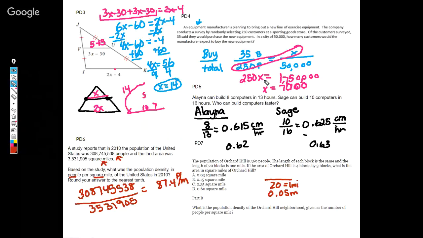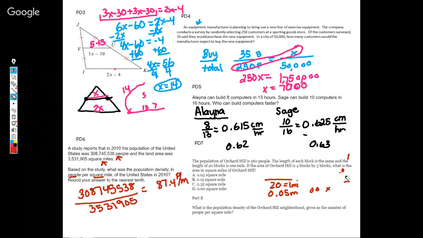We good? So because it says there's 4 blocks by 3 blocks, I'm going to do 0.05 times 4 to get this side, and 0.05 times 3 to get this side. Here's another way that you could do it.